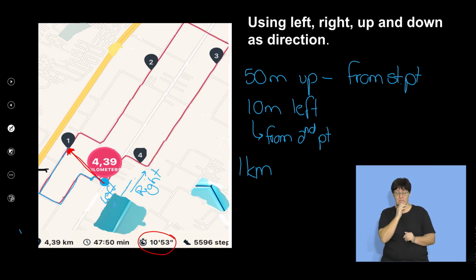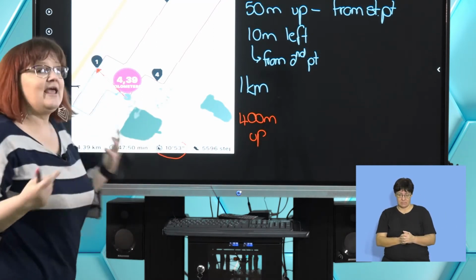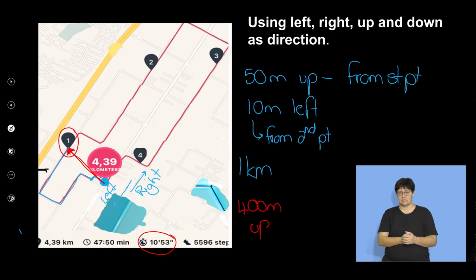But this is a distance, okay? This red one, it's a displacement. So I would have to describe that displacement as 400 meters up. So that's from her starting position. My frame of reference is there. I can change my frame of reference. So if we now go, let's make that 1 kilometer her frame of reference, okay?